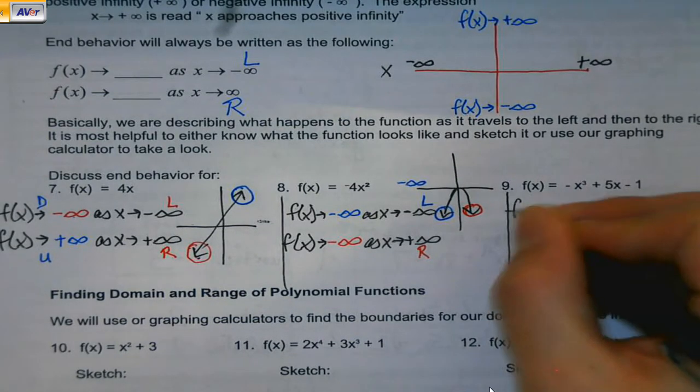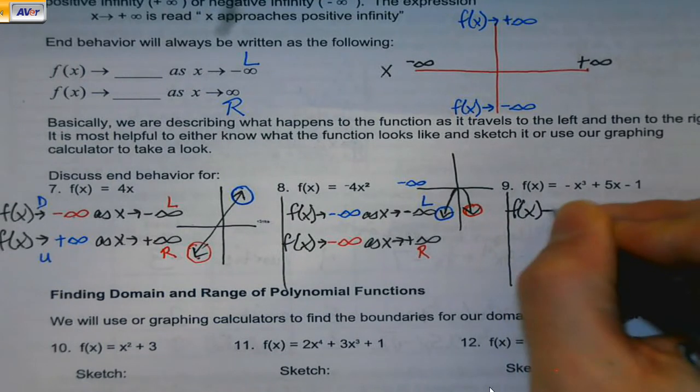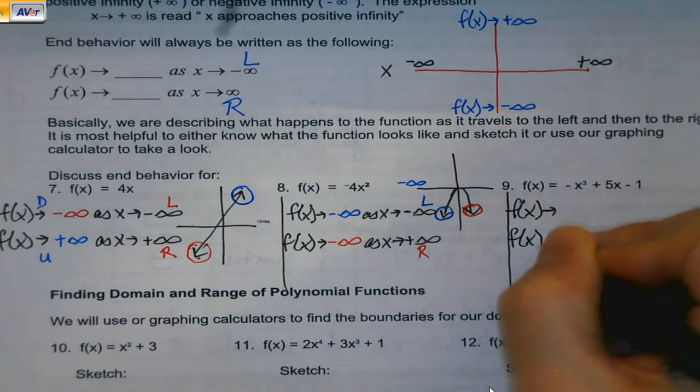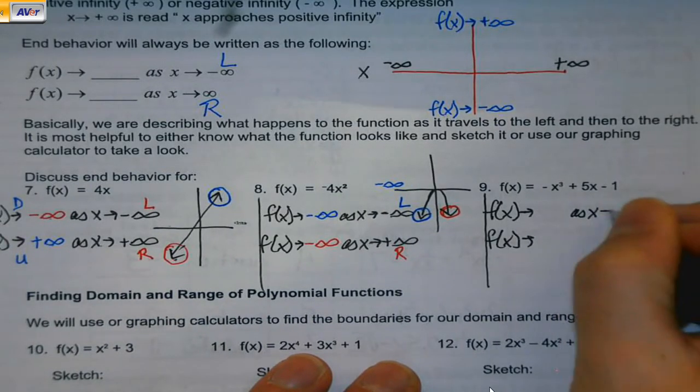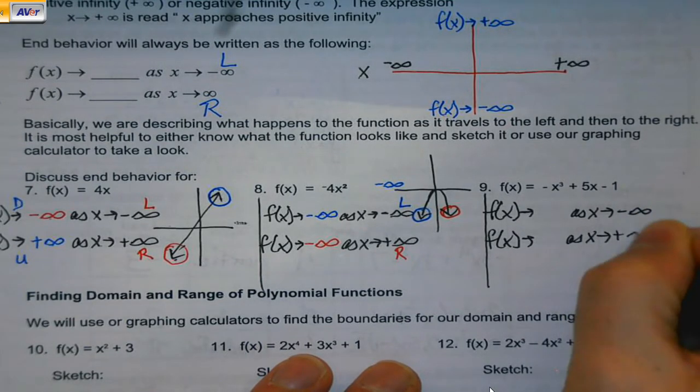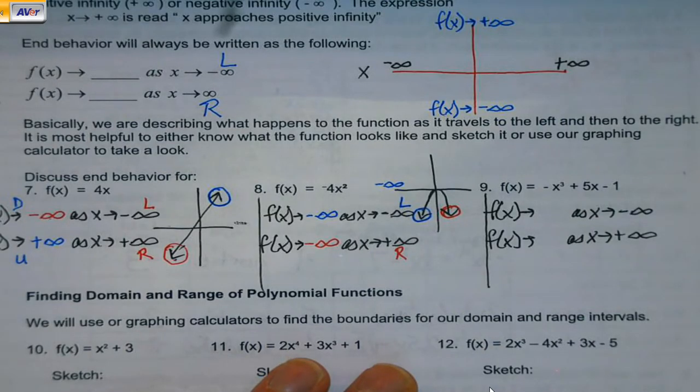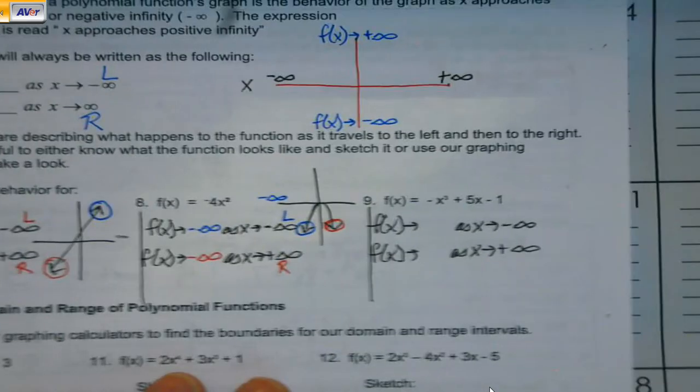It's just: as I go left, as I go right, what direction am I going? Always do the x part first, because that is going to be the easiest one to work with.